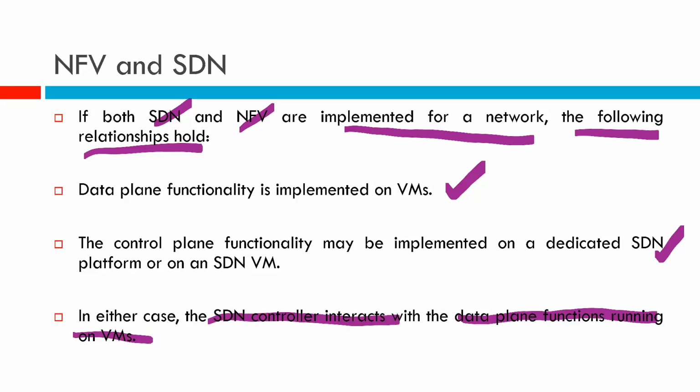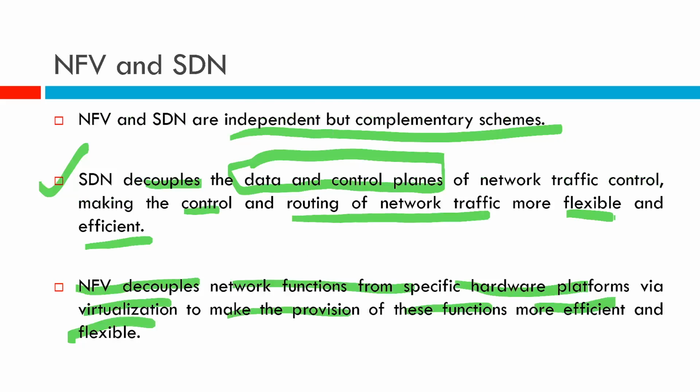So we are seeing now that with NFV and SDN, if they are put together into one framework, you will get a greater performance achievement. All these things come together, and initially we see what is SDN and what is NFV.